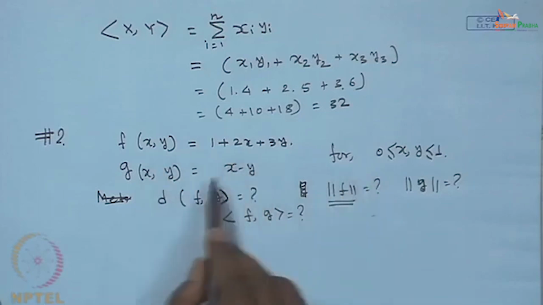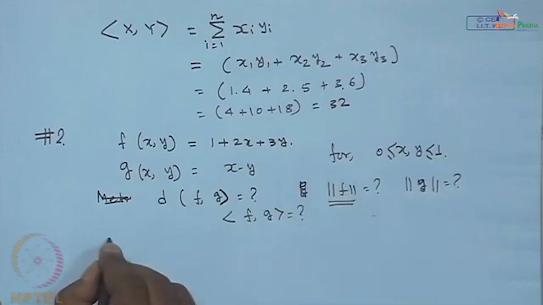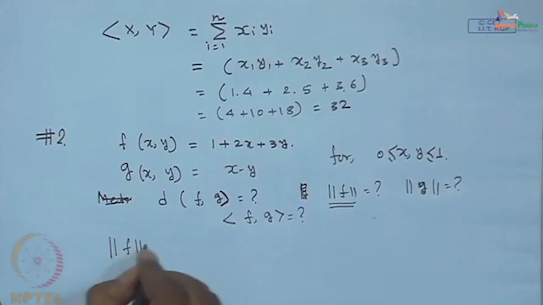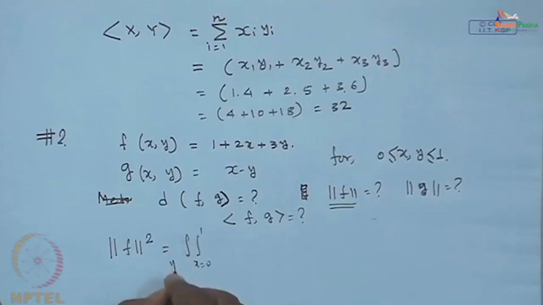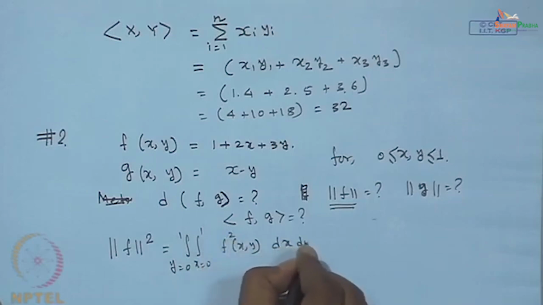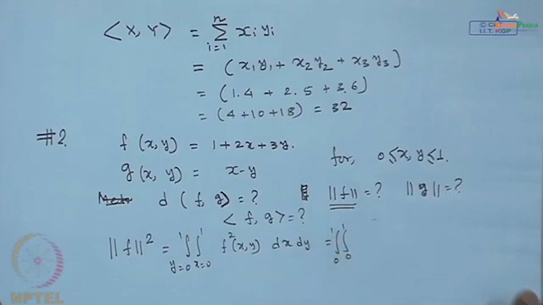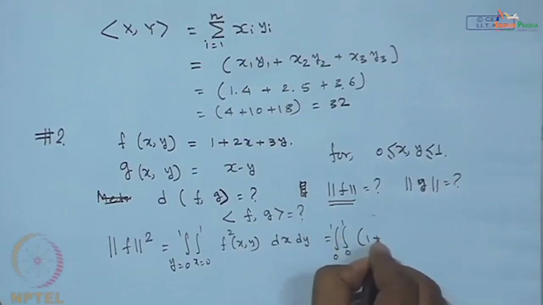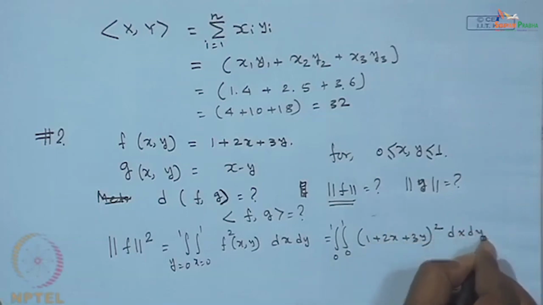Since it is a 2-dimensional function, the norm is represented by a double integral. So, the square of the norm of f is the integral over x from 0 to 1, and another integral over y from 0 to 1, of f(x, y) squared dx dy. So, this will be the integral from 0 to 1, from 0 to 1, of (1 plus 2x plus 3y) squared dx dy.